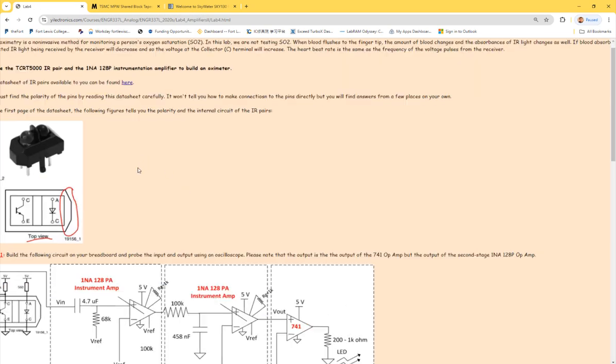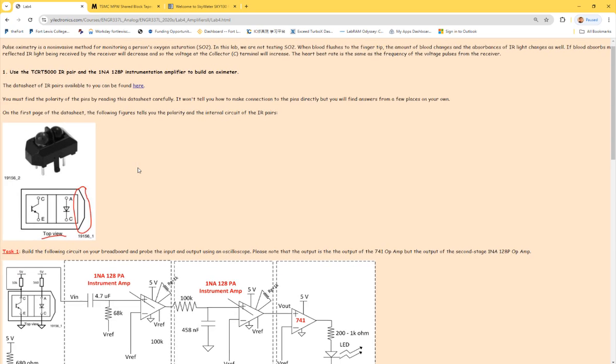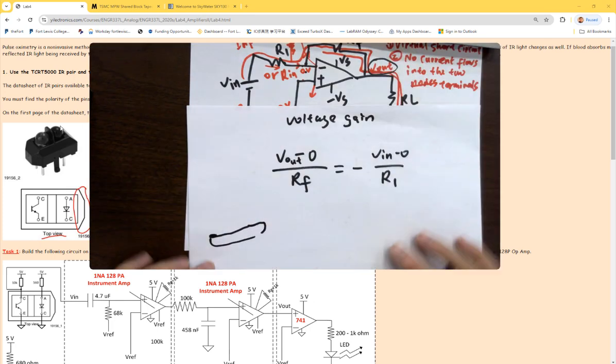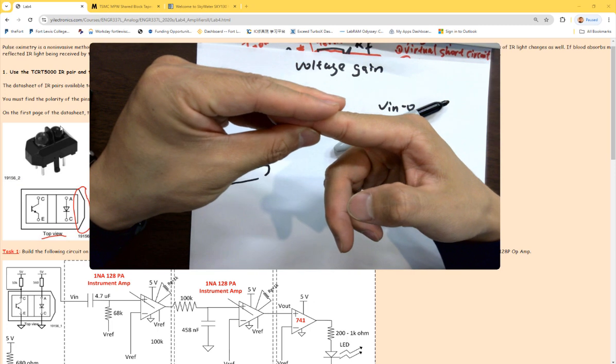The oximeter is another biomedical engineering parameter monitor. It uses an IR signal, infrared. For example, this is the finger. You have seen that clip, right?